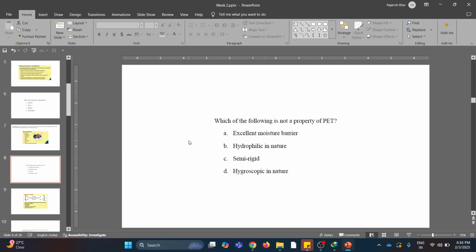Okay, option D. Any other options apart from that? You have to choose a property that is not of PET, polyethylene terephthalate.